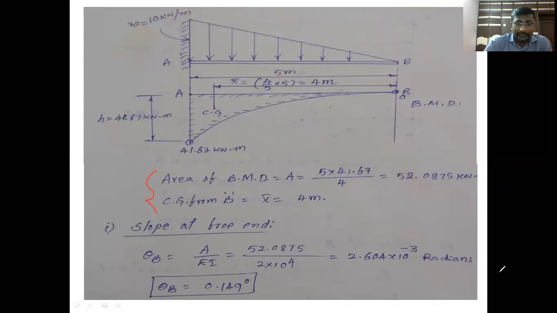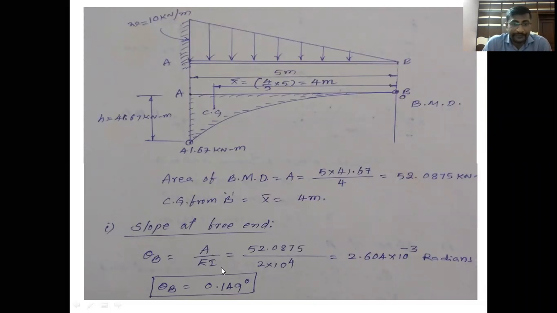After calculating the area and x bar, we can easily find the slope and deflection at the free end. Slope at the free end is the maximum slope. Simply, theta B is equal to A by EI, by Mohr's theorem 1.